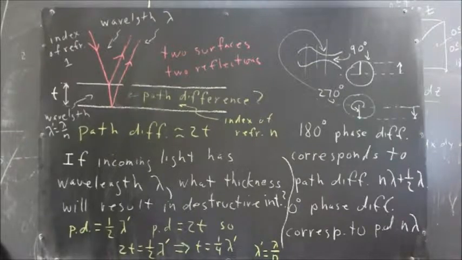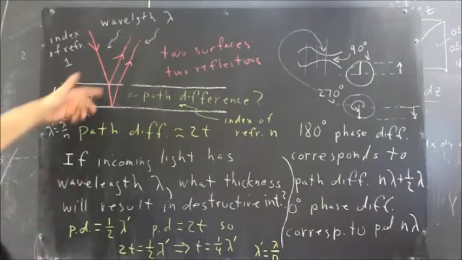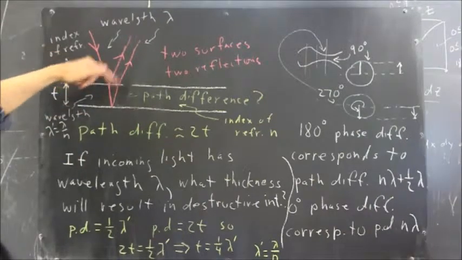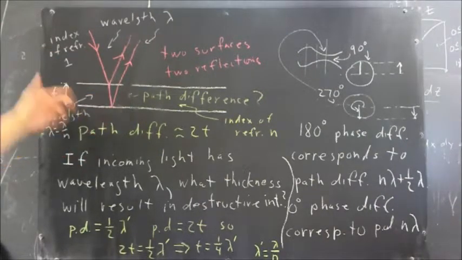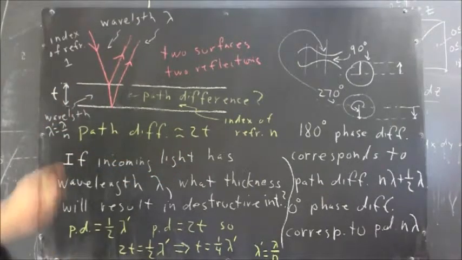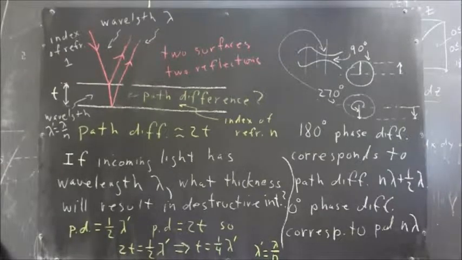Okay, so if the cosine is 1 or close to 1, then it's just going to pretty much be 2t. If the cosine is significantly less than 1, then you're going to have to divide that 2t by the cosine. I'm not going to go through the details of that, but that's how you would handle the situation.